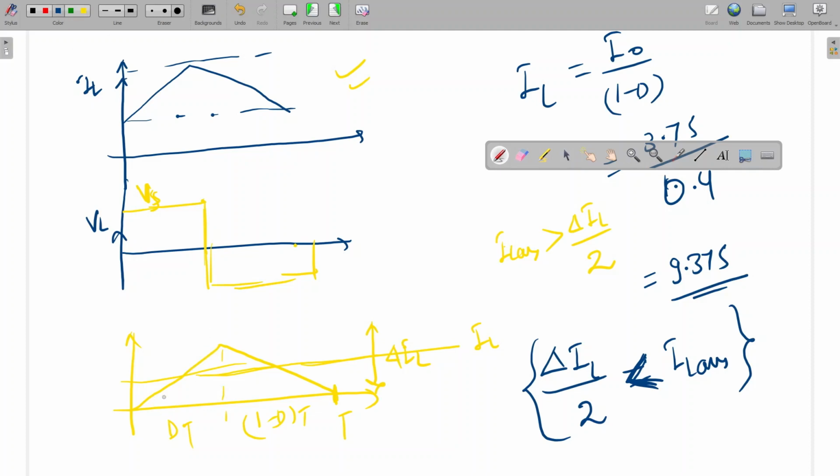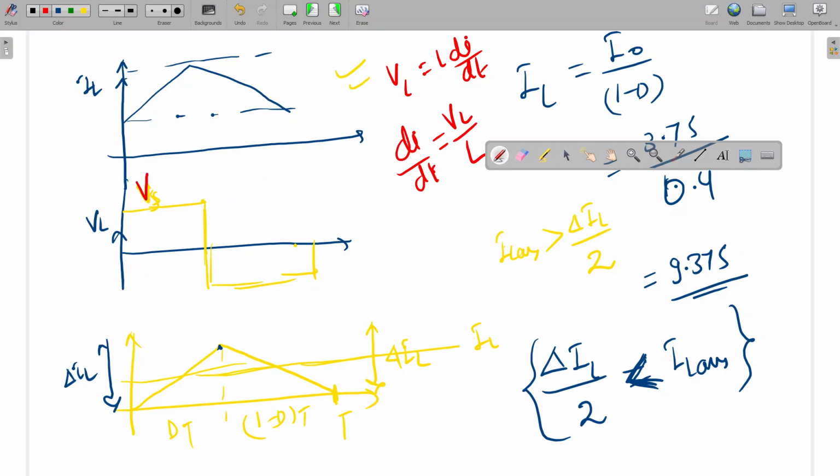How can we calculate delta IL? Delta IL means this one, from here to here. In this waveform, we can say y2 minus y1 divided by x2 minus x1. One formula you know is VL equals L di by dt, and di by dt is equal to VL by L. During on duration, what is the value of VL?